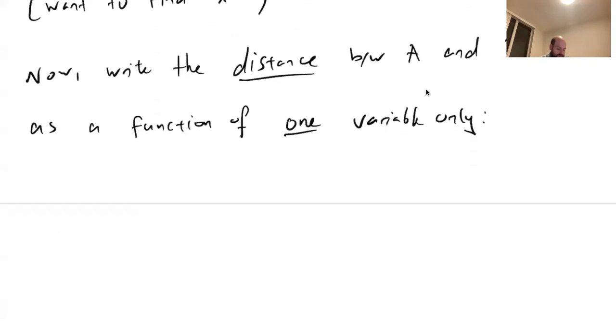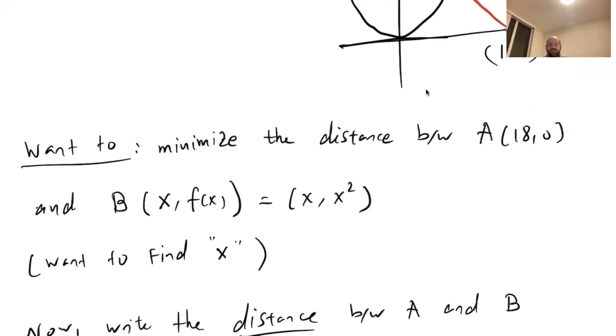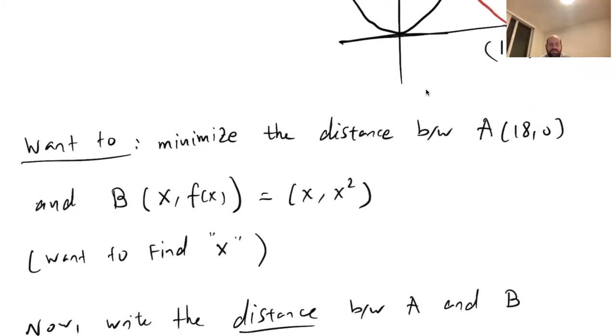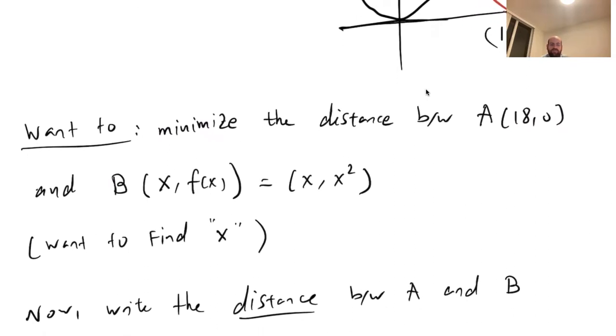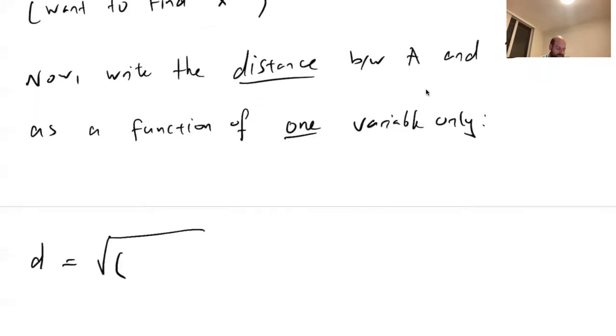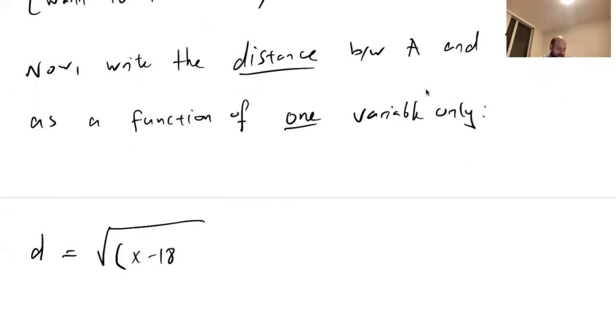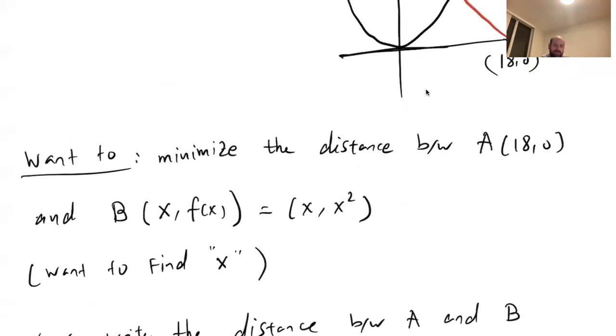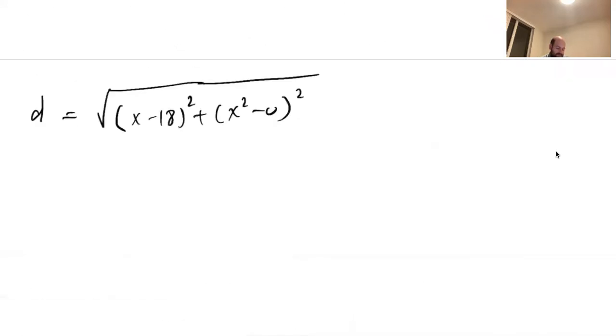So the distance is square root of... distance between 2 points. You saw in high school or pre-calculus that distance between 2 points is square root of x2 minus x1 the whole squared plus y2 minus y1 the whole squared. So here it's going to be x minus 18 the whole squared plus x squared minus 0 the whole squared.